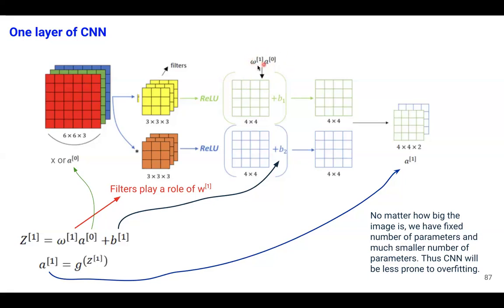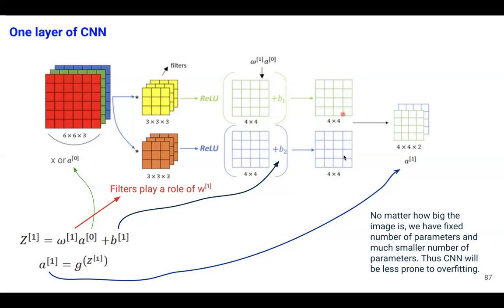W1 means the parameters of layer 1, and A0 is essentially the X. That operation is done and we get this 4 cross 4 matrix. Then, just like before, we add a bias term, which is B1, and then we apply an activation function. Generally, the activation function is ReLU for a convolutional neural network. Once we do this operation, we get a 4 cross 4 matrix as the output.